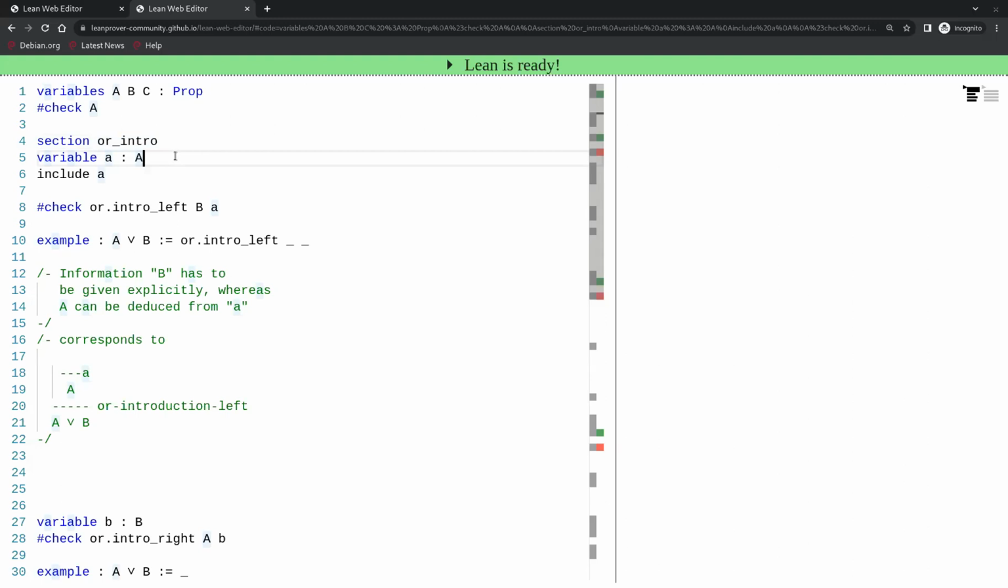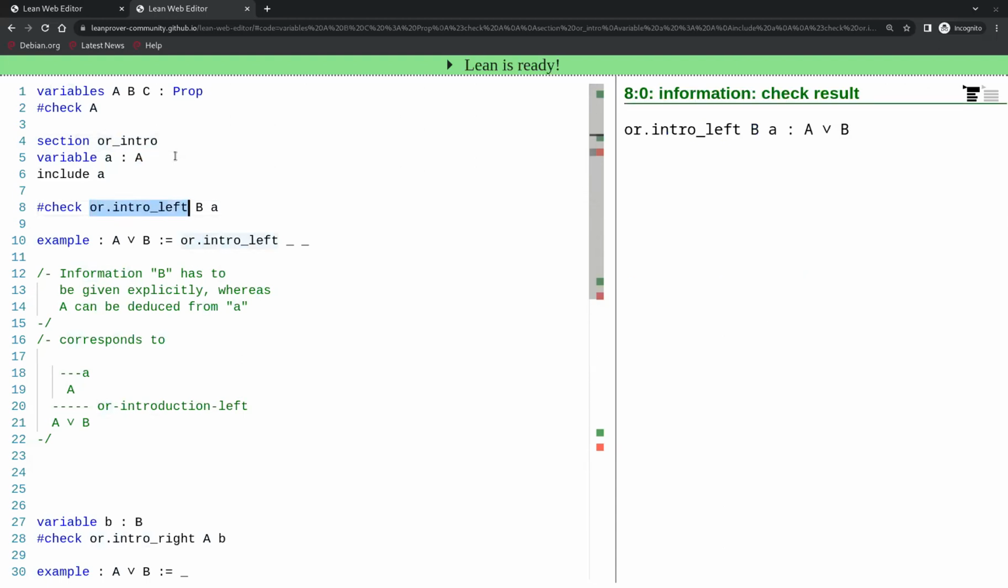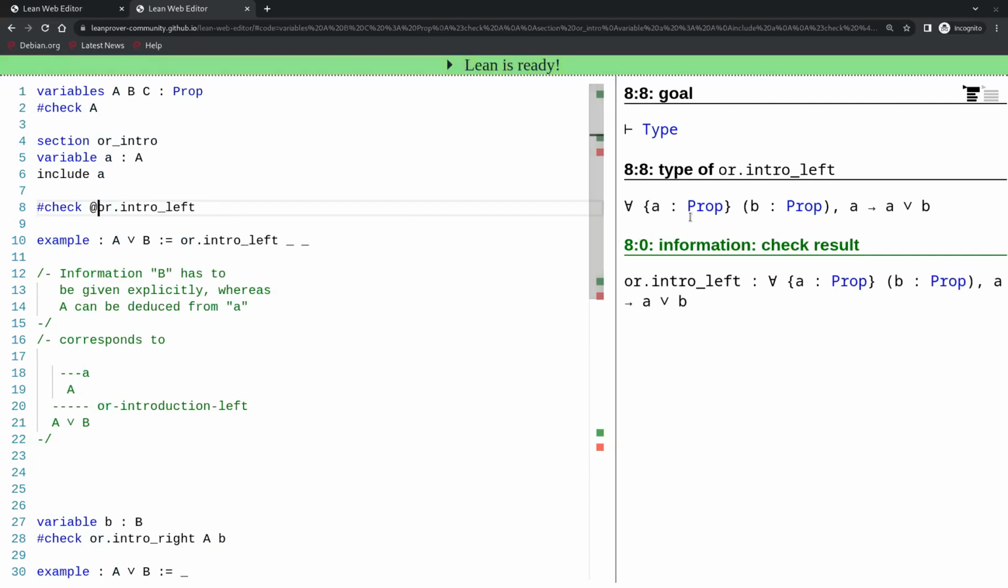For this purpose, we assume that we have a proof of A, and Lean has a built-in constant that is called Or.inl, and it takes two arguments, another proposition B and our proof of A, and the output is a proof of A or B. So let's look at the type of Or.intro_left. Or.intro_left is sort of a polymorphic function.